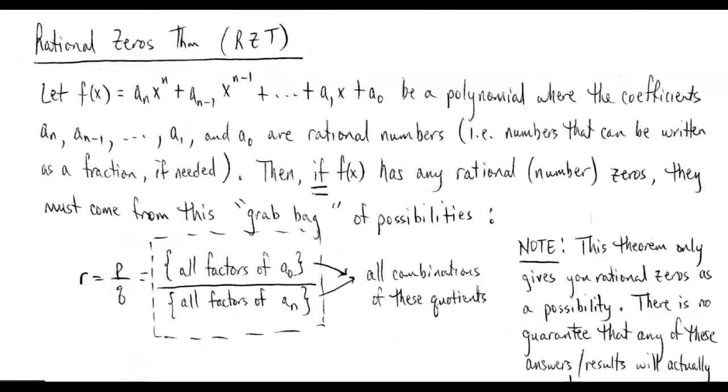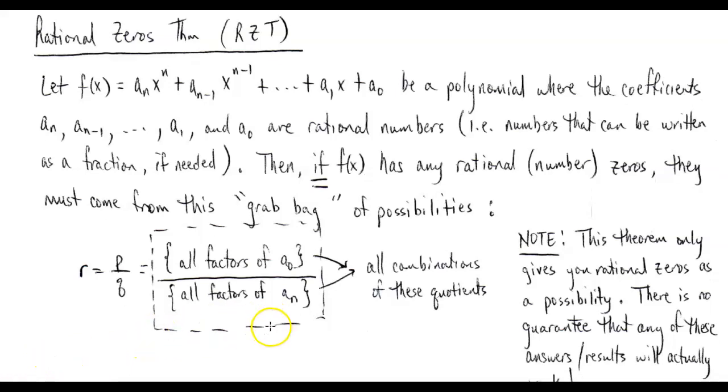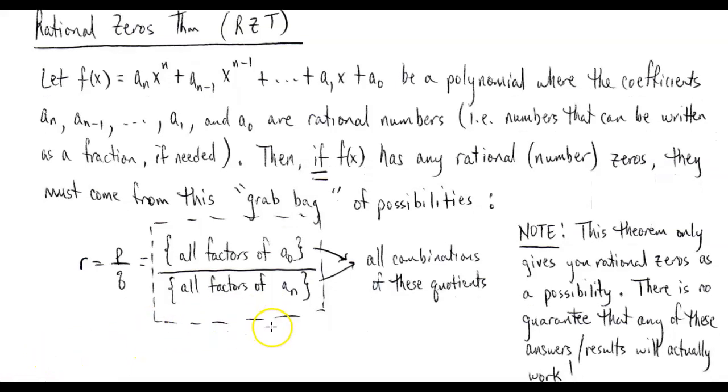All right, so next we're going to talk about a very important theorem called the rational zeros theorem. What this theorem says is that if we have a polynomial that meets certain conditions, then we can come up with a list of possible zeros that might work for this polynomial.